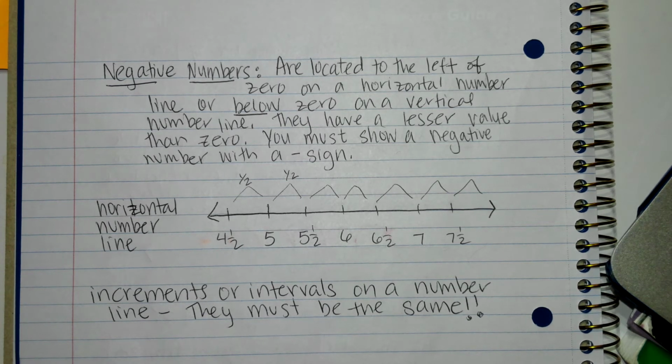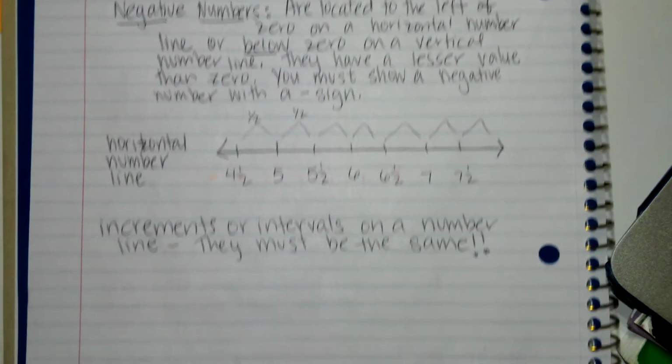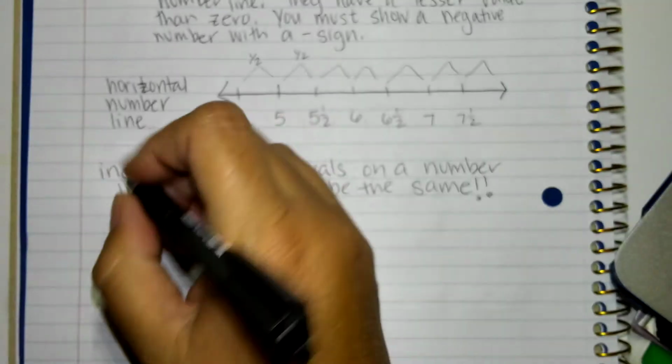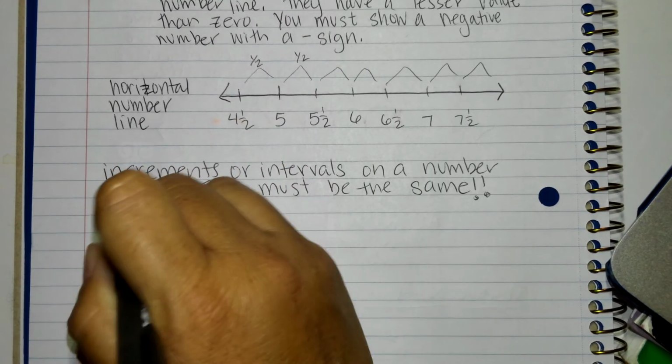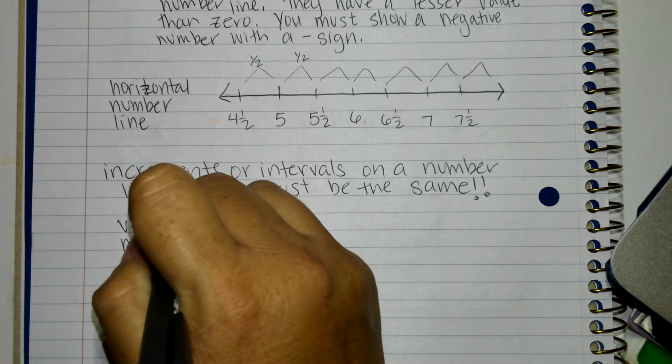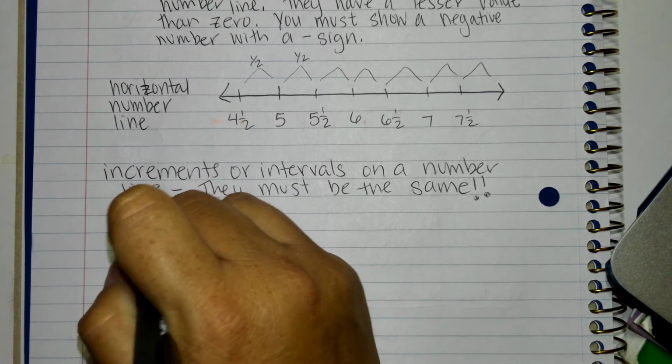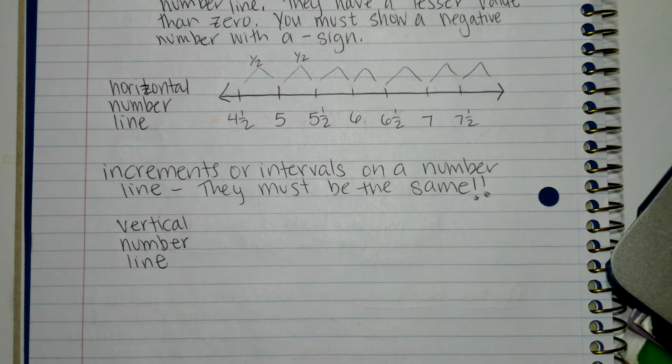I'm going to give you another example, and that example is going to be on a vertical number line. And a vertical number line goes from top to bottom or up to down.